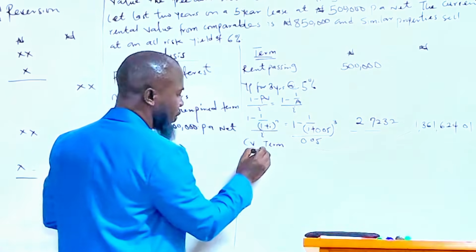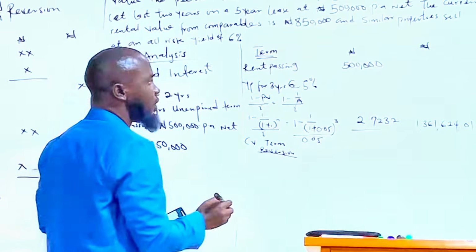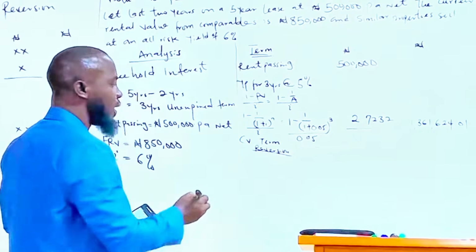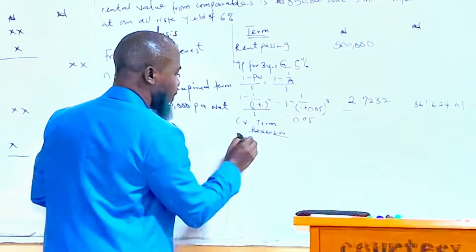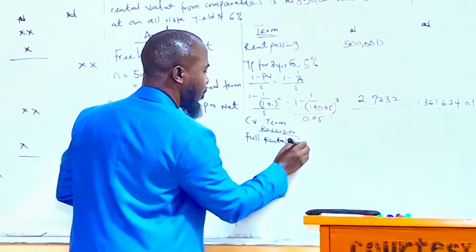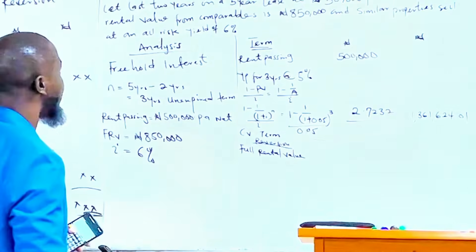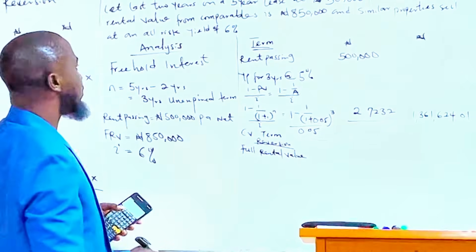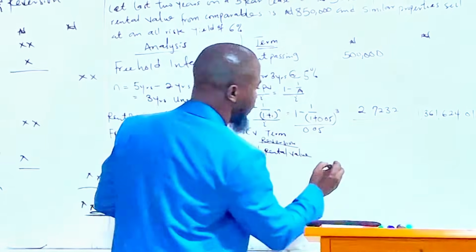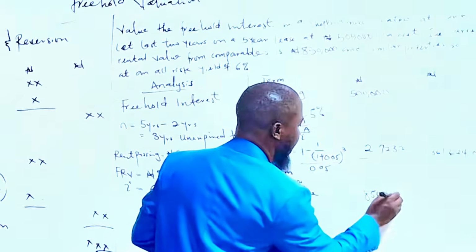Now reversion. For the reversion, we use the full rental value, or you call it market rent. The full rental value is 850,000 naira.